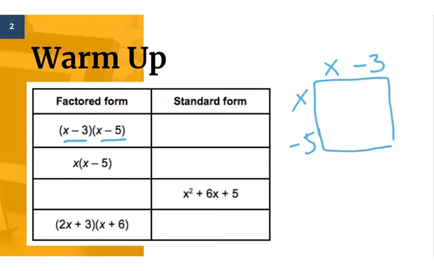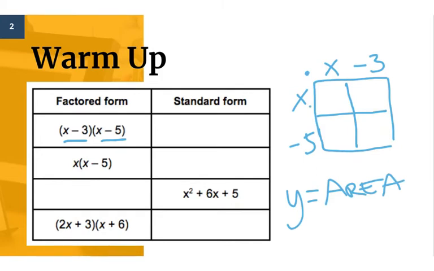It does not matter which one is on the top or which one is on the side. So I'm just going to do this so I can break it into smaller sections that I'm then going to multiply. Remember, factors multiply to give you the entire area, and the entire area would be your y value.